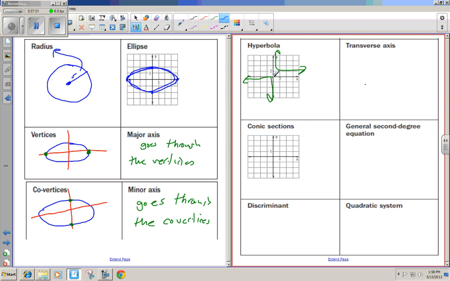Now keep in mind, it still has vertices, and if you know where the vertices are, the transverse axis joins the vertices. So the transverse axis is an axis that joins the vertices of a hyperbola.